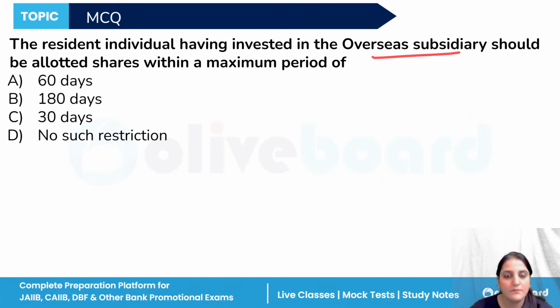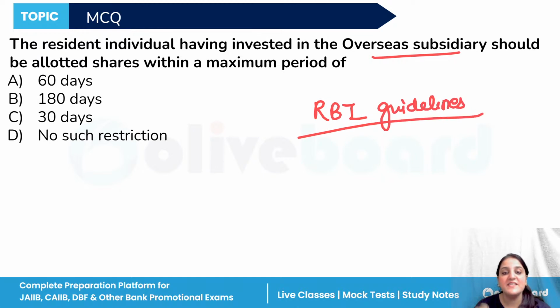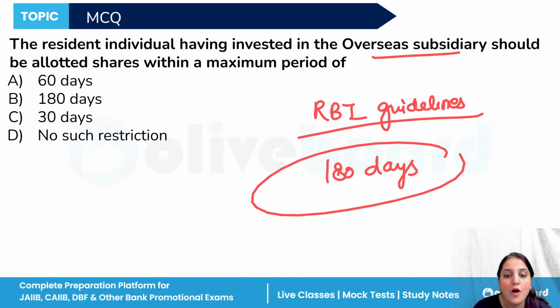According to the RBI guidelines, a resident individual who has invested in an overseas subsidiary must be allotted shares within a maximum period of 180 days from the date of receipt of the inward remittance or the date of debit to the NRE, FCNR B accounts.